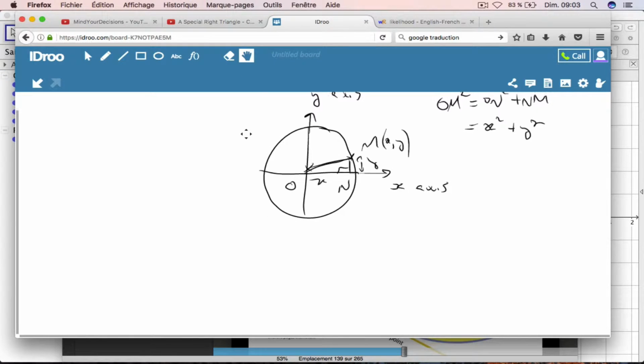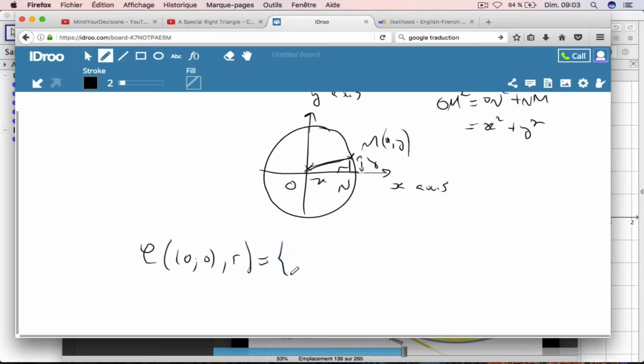Okay, so we've got an equation. This circle is a set of points where x squared plus y squared equals the radius squared.